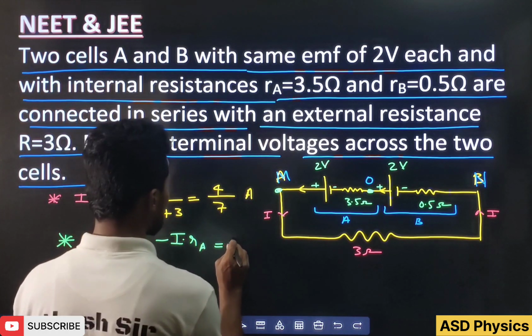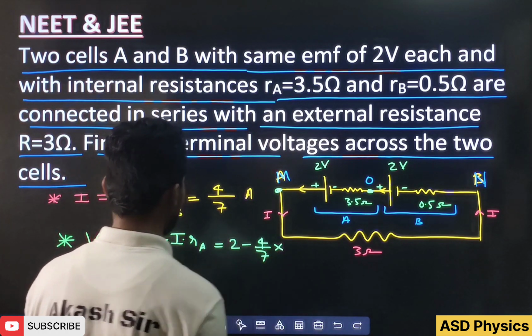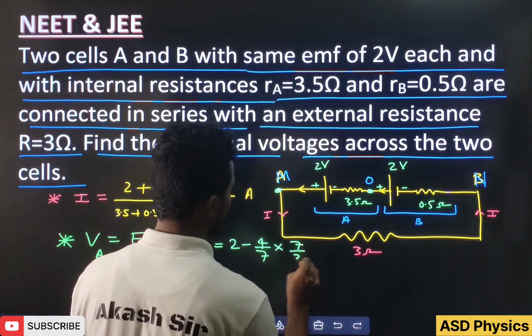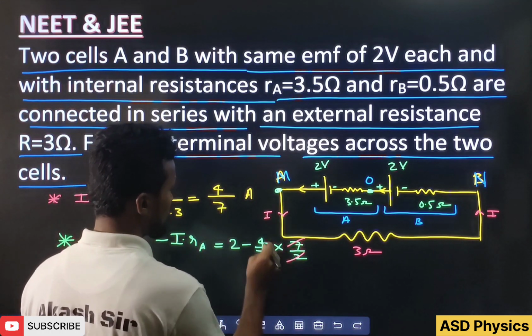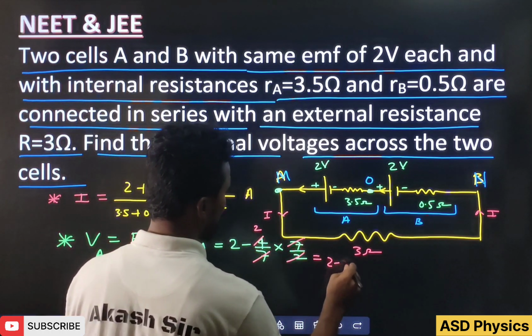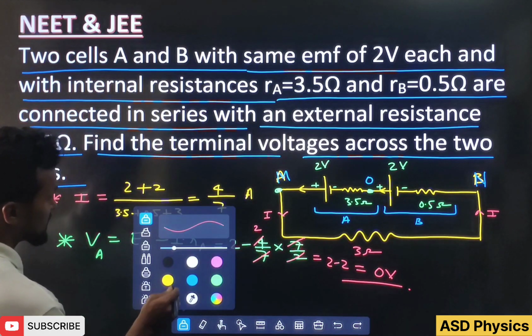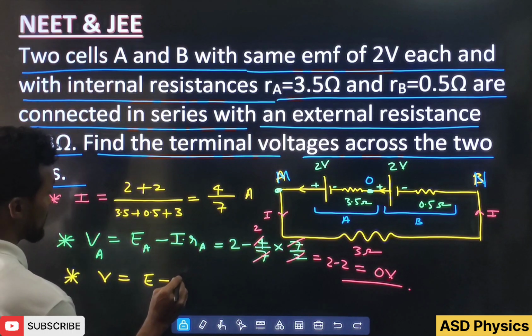So what is EA? 2 minus I, 4 by 7, into RA. How much is given here? 3.5 means 7 by 2. Just simplify, 7, 7, 2, 2 is 4, so it becomes 2 minus 2, that means 0 volt. Similarly, if we talk about the second one, again V equals E minus Ir.